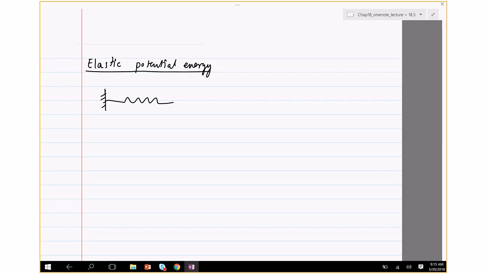Datum would be some instant of time which you're going to use to measure the stretch. So let's assume that initially S0 is the initial length of the spring. And this is basically the unstretched length. Okay, we're going to assume that the spring is unstretched.